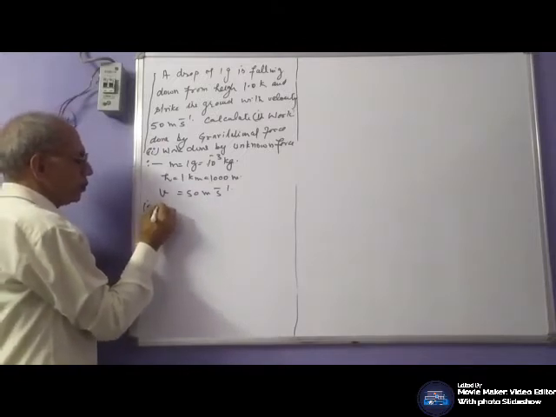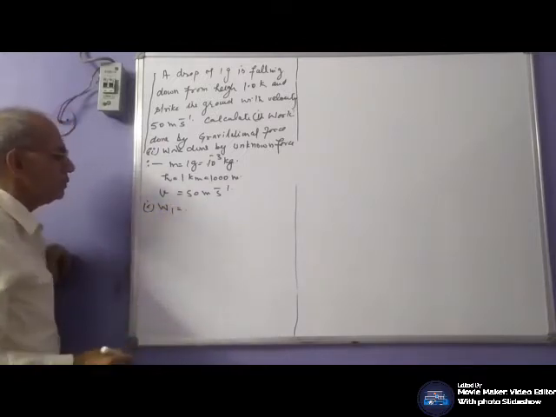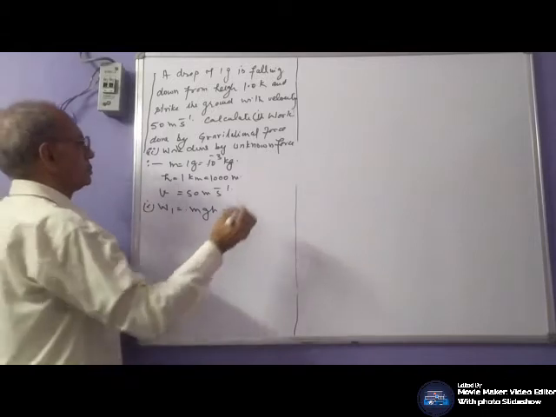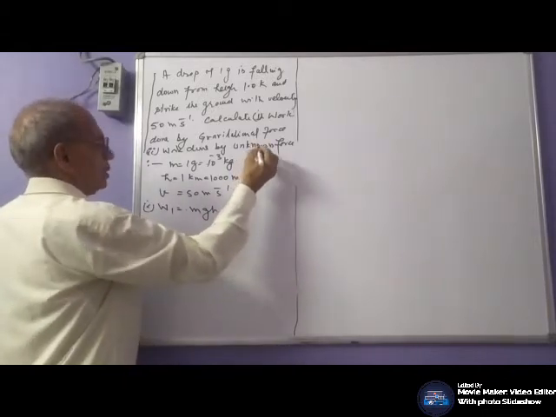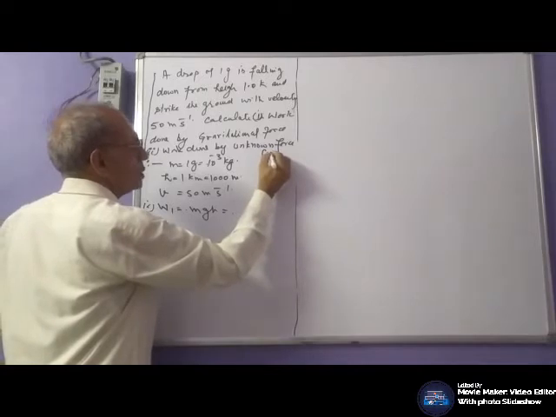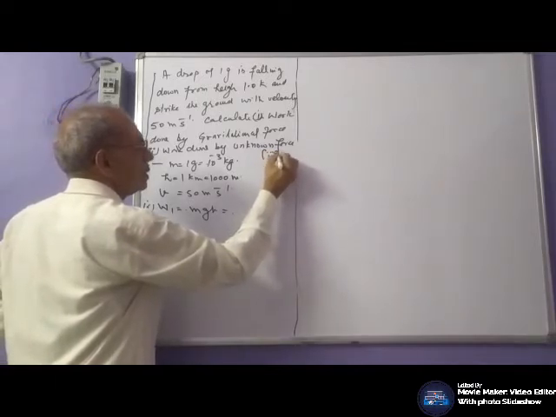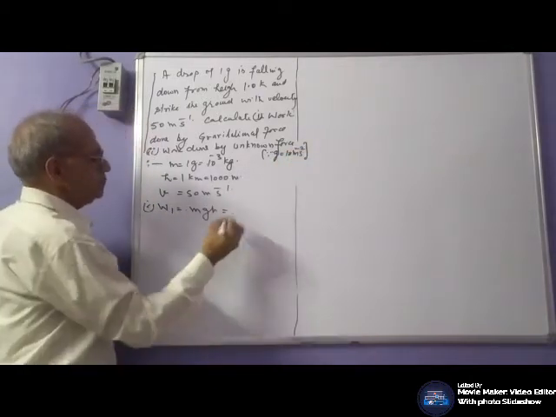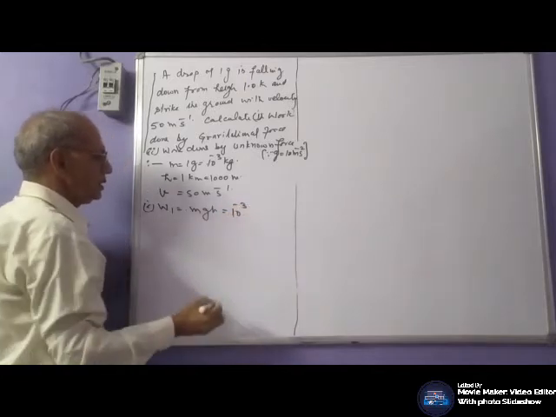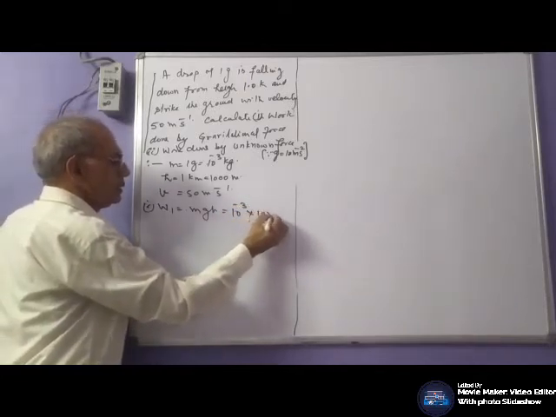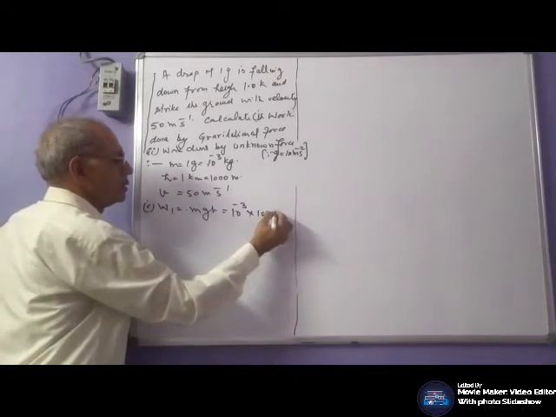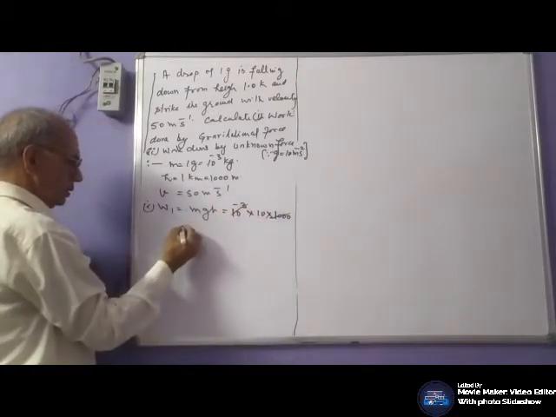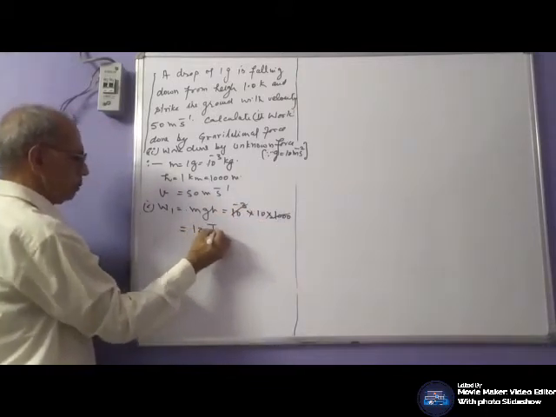First, W1, work done by gravitational force, is mgh. Take g as 10 meter per second square. m is 10 to the power minus 3, g 10, h 1000. This 1000 cancels with this, 10 joule.